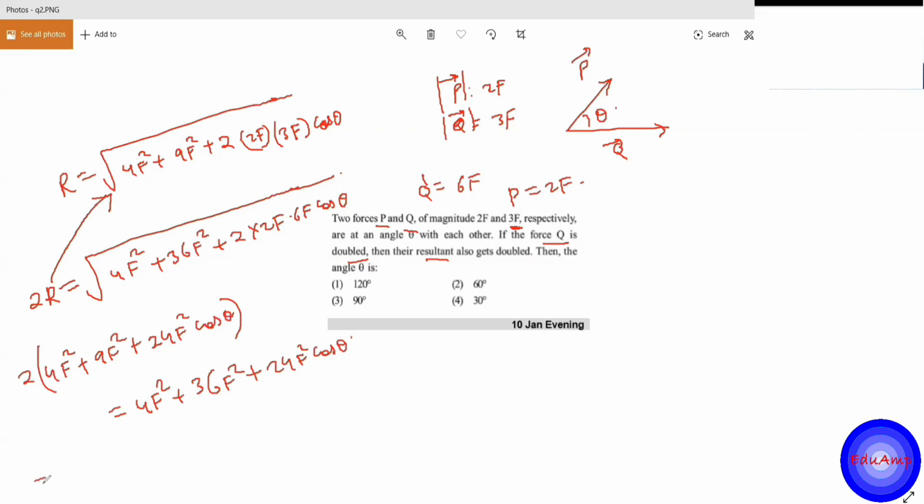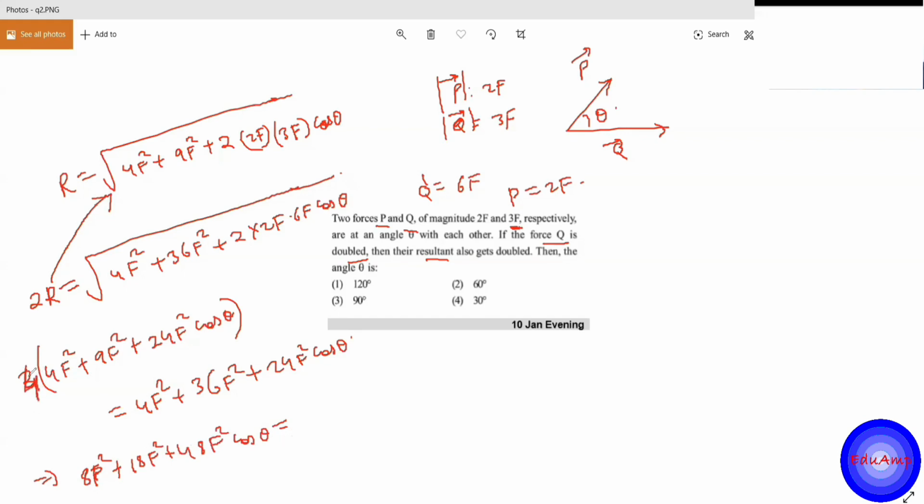When you square the 2, this will become 4.